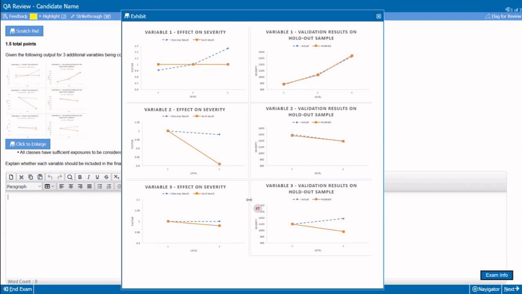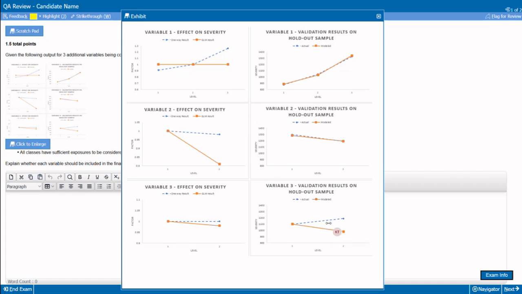Lastly, let's look at variable 3. So it looks like the one-way result is suggesting a 1.0 and a 1.0 factor, but then the GLM result is showing a decreased factor for level 2. They're quite close together, so I'm not worried about this graph yet. But looking at this second graph, it seems like the actual and modeled results are differing quite a bit.